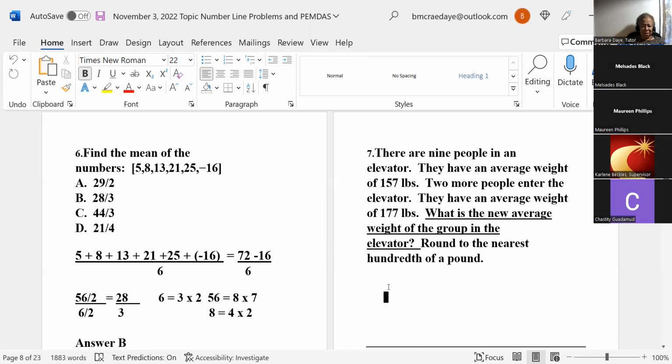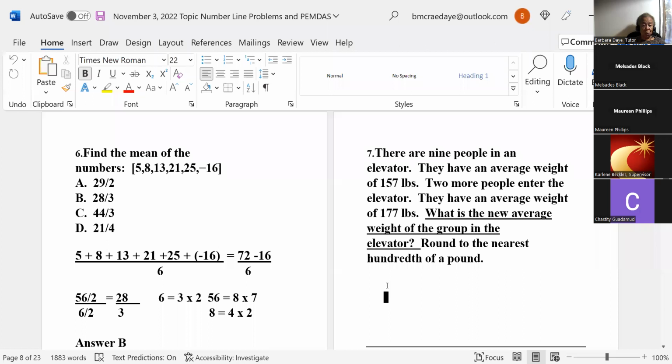Okay, let's just look at this. 9 people in an elevator. Average weight 157 pounds. 2 people enter the elevator. They have an average weight of 177 pounds. Now, to get a new average, we need to know what?